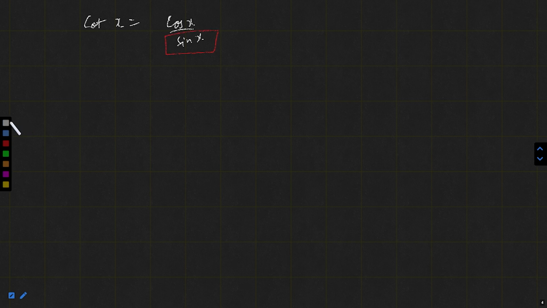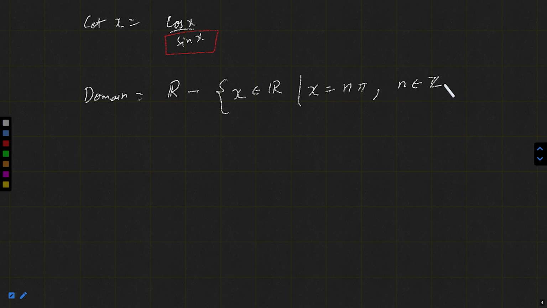So from this, what I can say is that the domain is all real numbers, but not the set of all x belonging to R such that sin x is equal to 0. In other words, x is equal to what? The integer multiples of pi, n pi, where n belongs to the set of integers.